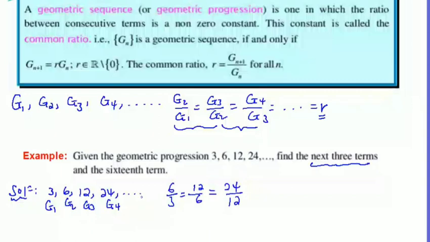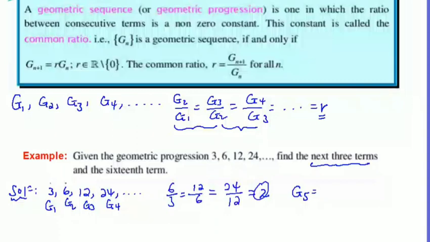When we see the pattern, the ratio of all these is 2. This 2 is called the common ratio. So the next term after 24, say G5, should be 2 times G4.